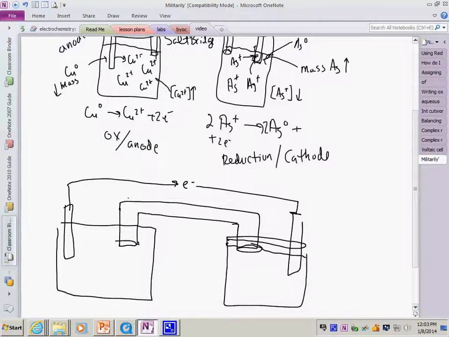I have positives and negatives in here. As negatives enter this, electrons will take the path of least resistance. That's why they don't travel through the water and up through this salt bridge and over here. The salt bridge is literally just a wadding of probably some paper that fluid can pass through. And it's just a salt that contains lots of positives and negatives.